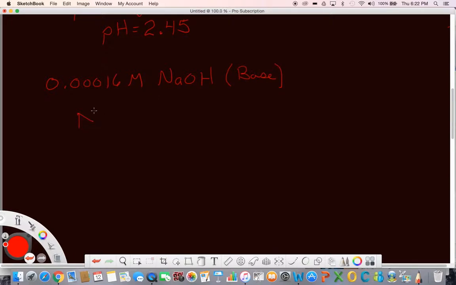So NaOH in water, it's strong, it ionizes 100%, it's soluble, it gives you sodium ions plus the hydroxide ion. It's a base. So if this is 0.00016 molar, it is a 1 to 1 ratio.